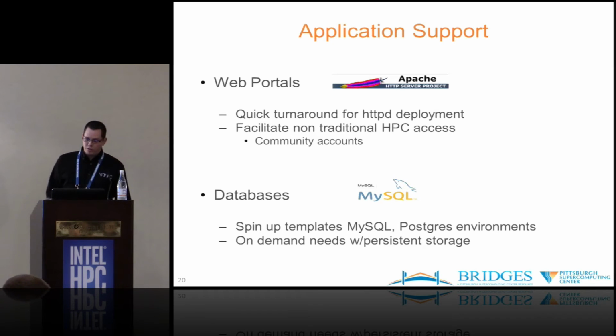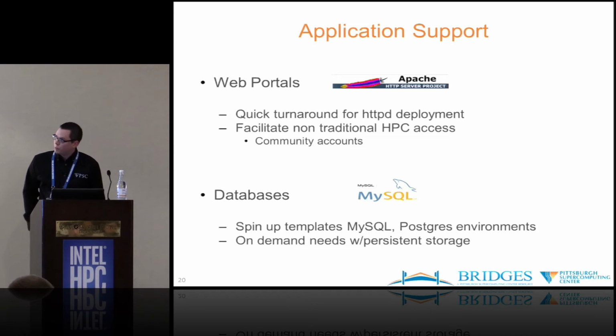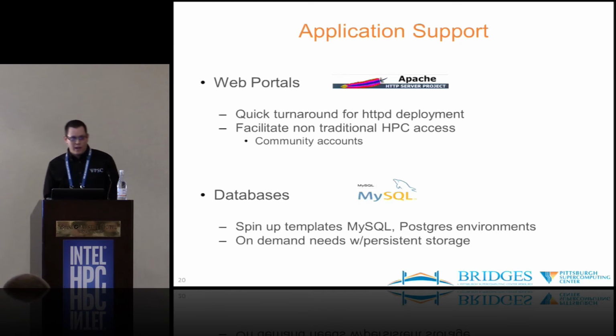So the web portals and the databases, being able to spin these up either through OpenStack bare metal, or through a VM or through a Docker container to get these users up and running, but keep all of the pieces hidden from them about how it's actually deployed. Because at the end of the day, they really just want to get their jobs to run. They don't care how Apache's set up, how the database works, as long as they have access to it and can get their data.